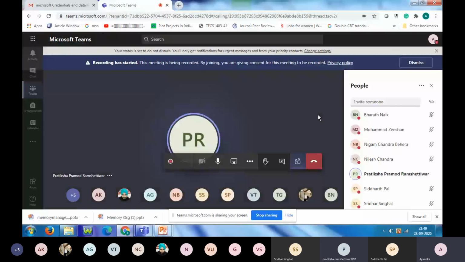Ma'am, you are the software developer, you have only the software part in your hand. Ma'am, then we could make sure with the help of memory organization.